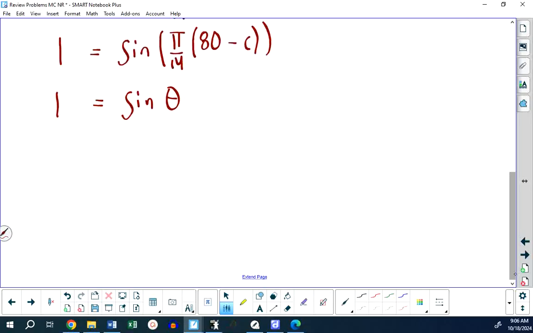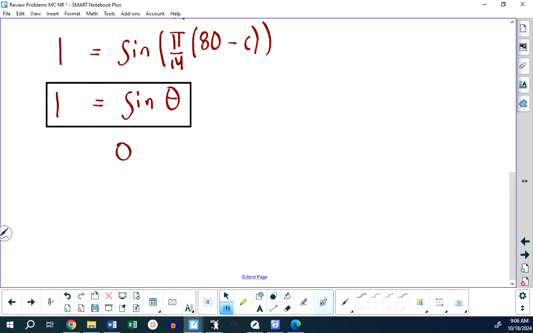And you should know that if this is true, theta equals pi over 2. Without a doubt. I mean, could it be negative 3 pi over 2? Yes. But from 0 to 2 pi is what I would confine myself to here. And there's only one point where sine is equal to 1, because the y-coordinate is equal to 1 at the top.